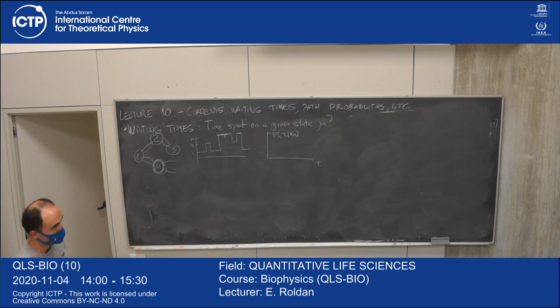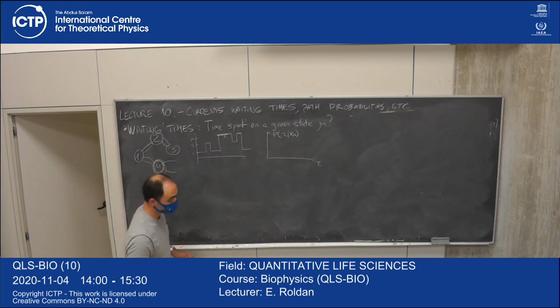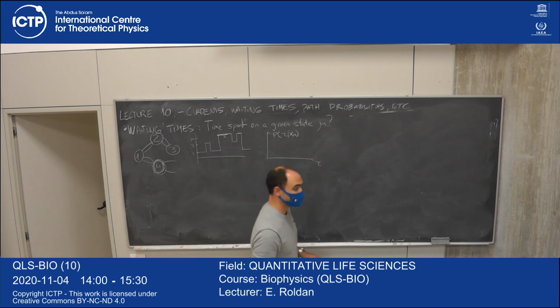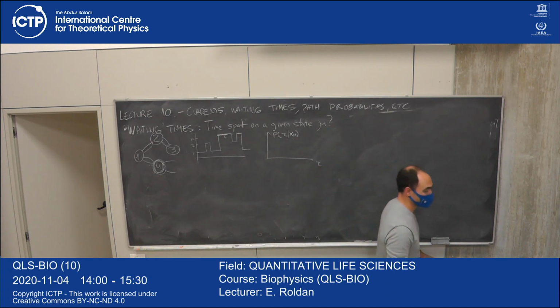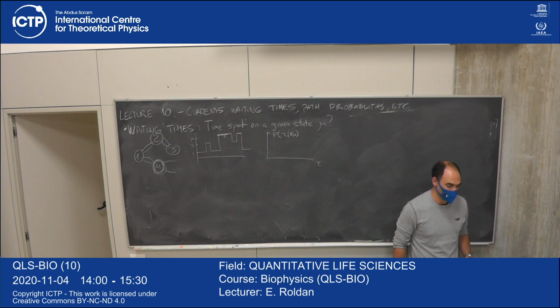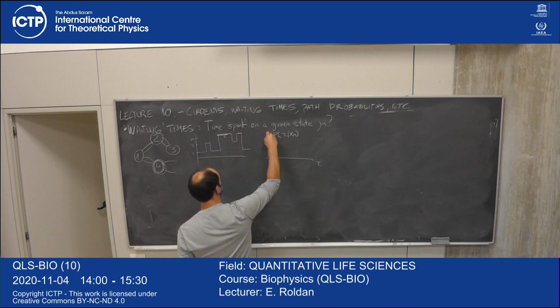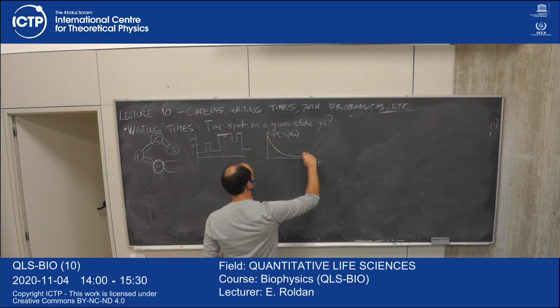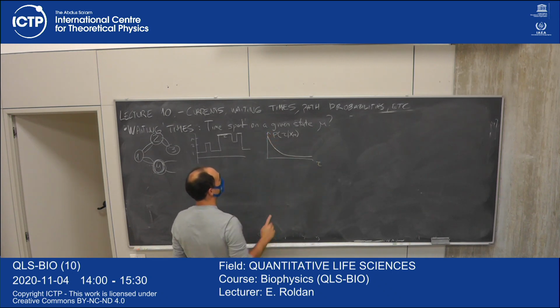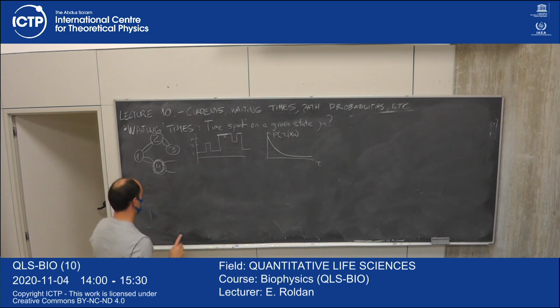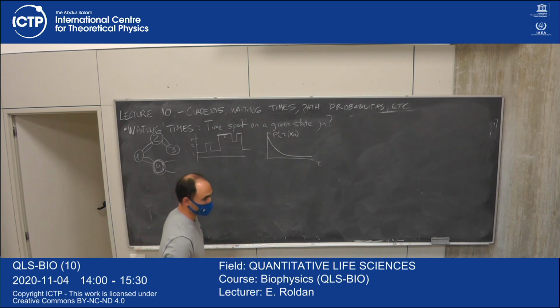How do you think this distribution will be? Any guess? Maybe you know it? No idea? Exponential. Yeah, sure. Yes, so it is an exponential. Now, what will be the parameter of this exponential?